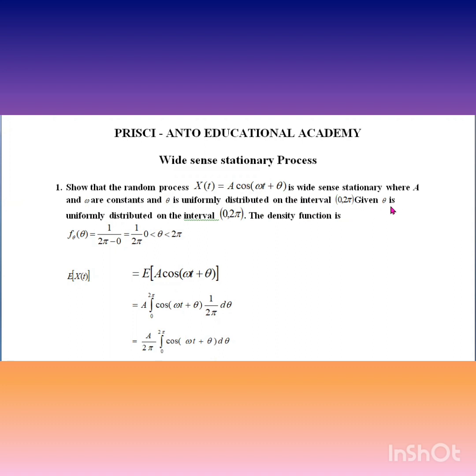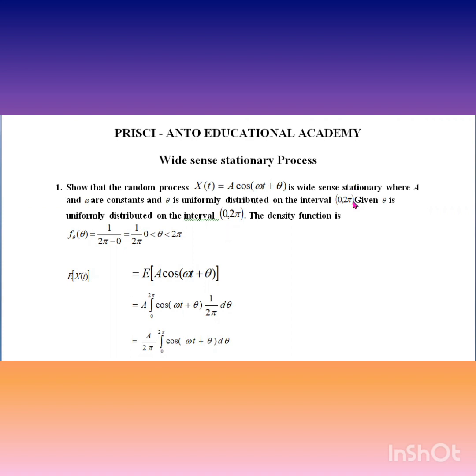Given theta is uniformly distributed, we have to prove the wide sense stationary process. So first it's enough to prove expectation of x of t is equal to constant, and the autocorrelation function is a function of time difference.